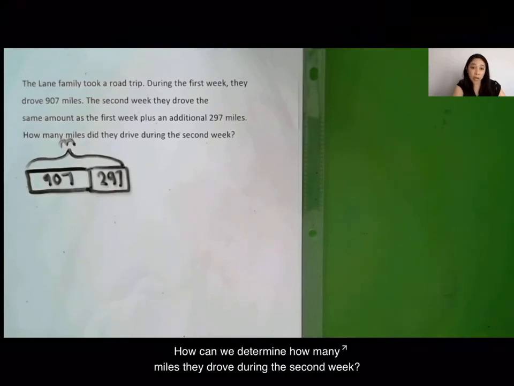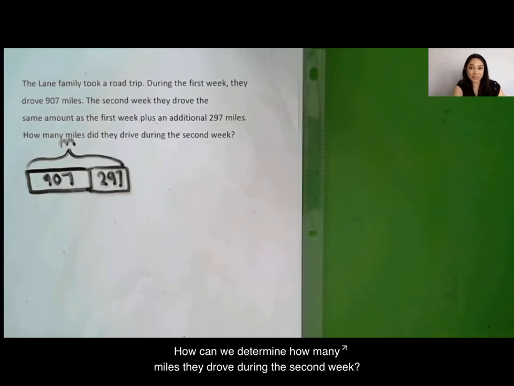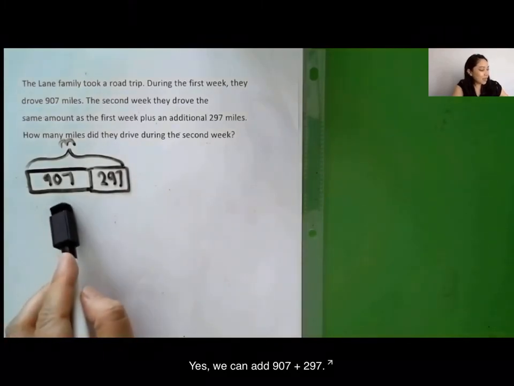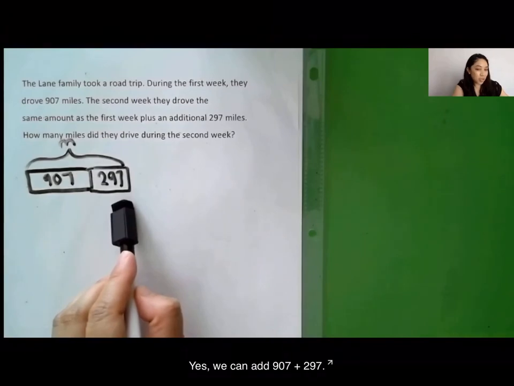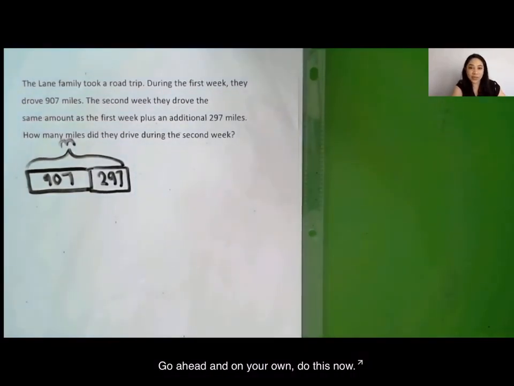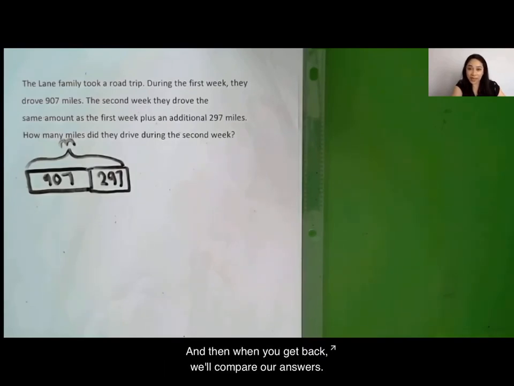How can we determine how many miles they drove during the second week? Yes, we can add 907 plus 297. Go ahead and on your own, do this now, and then when you get back, we'll compare our answers.